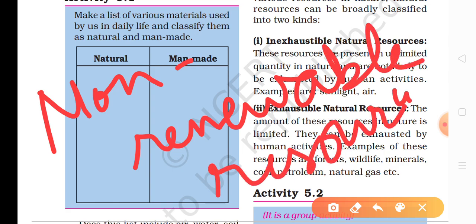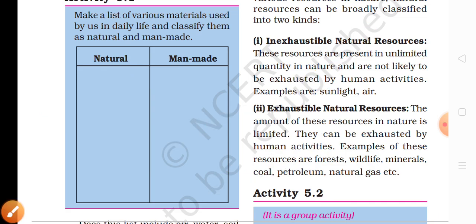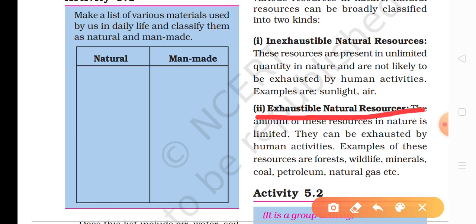So how can we define it? Non-renewable resources are those natural resources that are limited in nature. The amount of these exhaustible natural resources in nature is limited.